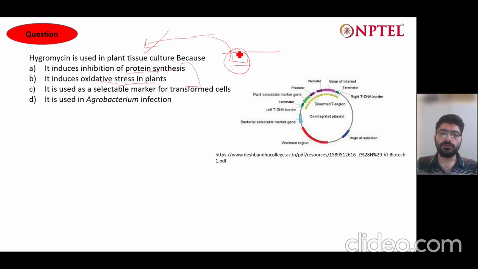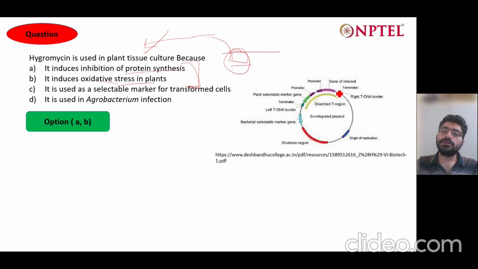When the plant has the hygromycin resistant gene, that helps the plant to grow on the medium containing hygromycin, and that is used to select the transformed versus the non-transformed plants. So here the answer would be A and B both, because it does this to the plant, and then also the plant is selected.